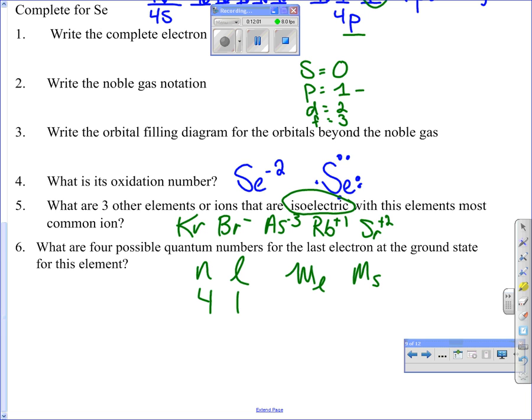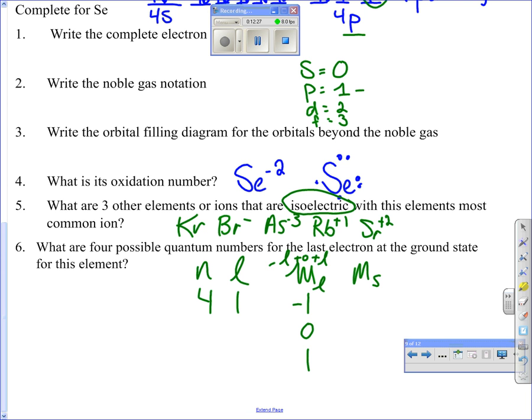Now for the ML quantum number, it can range anywhere from minus L to plus L. I see that the L is 1, so it can be minus 1, 0, or 1. So you can pick any of those. It's always safe to put 0 for the magnetic quantum number, because there's always a 0.